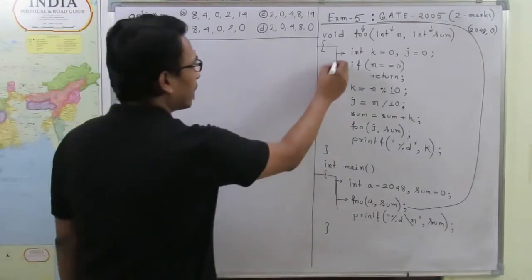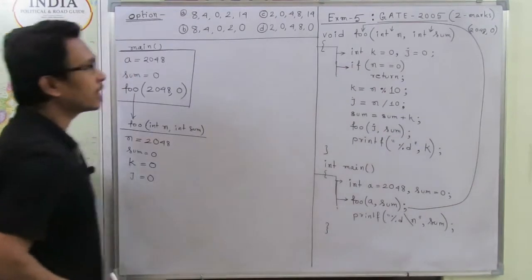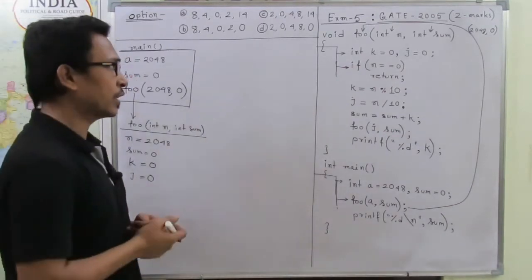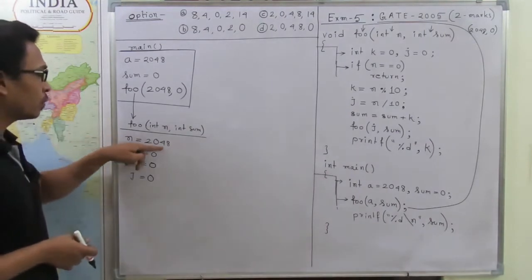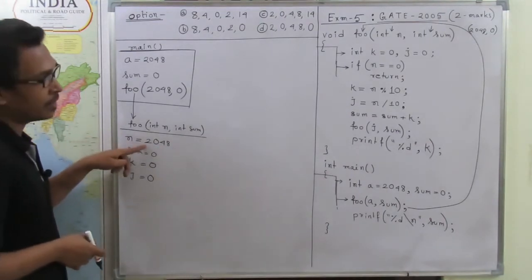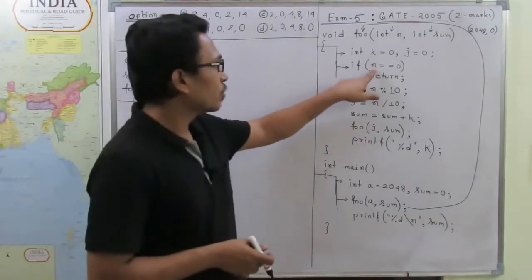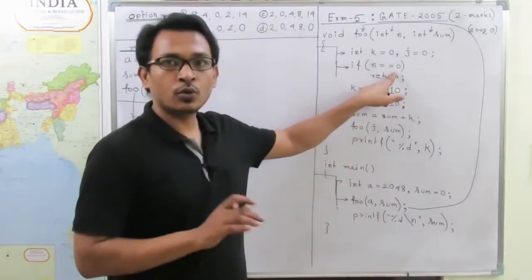Now the next instruction is if n equal to 0. What is the value of n? The value of n is 2048. Is 2048 equal to 0? No, that is not true.